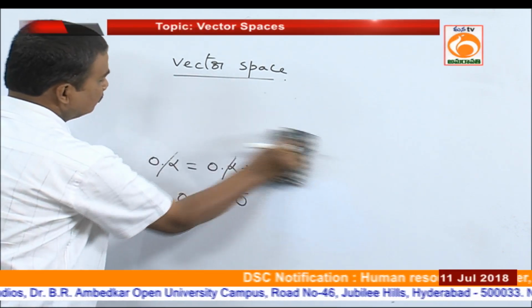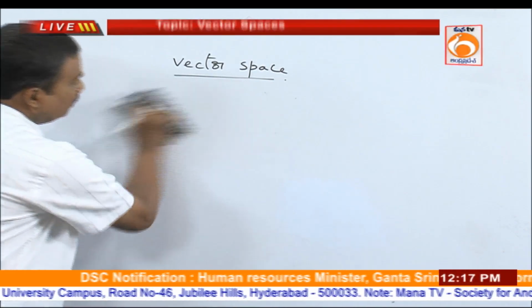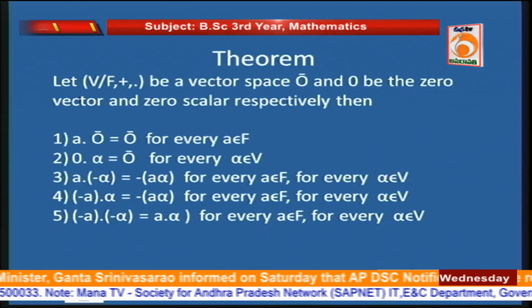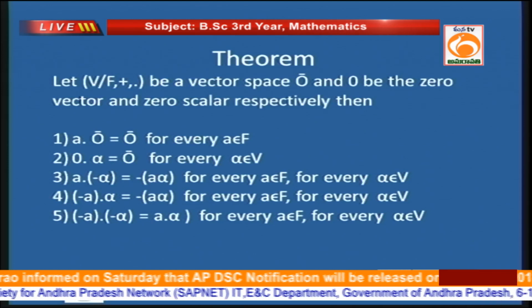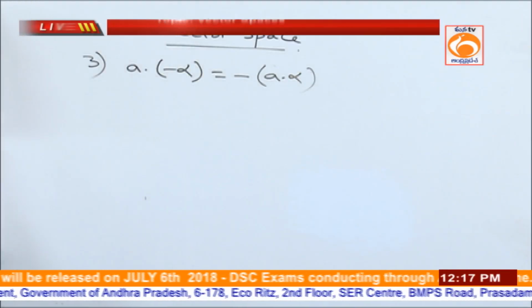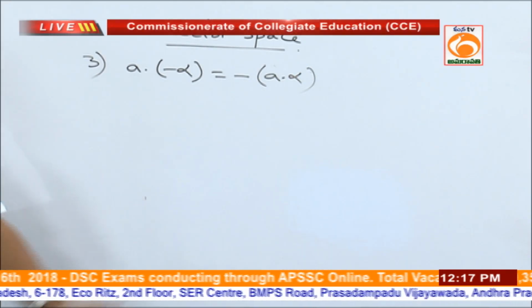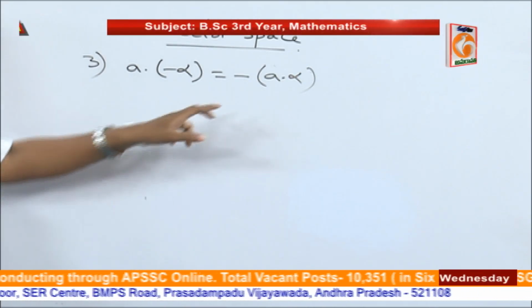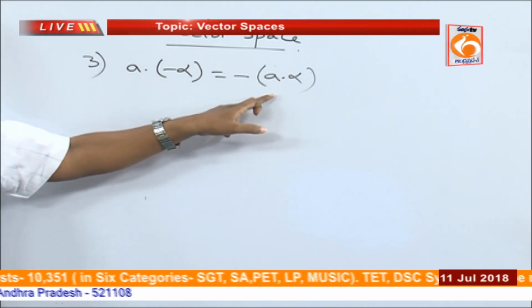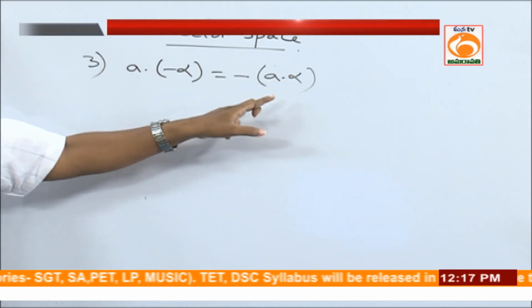What is the third one? I have to prove A dot minus alpha is minus A dot alpha, of course for every A and for every alpha. Please understand, just now we mentioned in the points to be noted that minus A dot alpha is nothing but the additive inverse of A dot alpha.